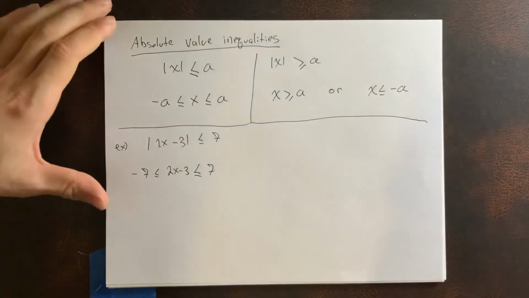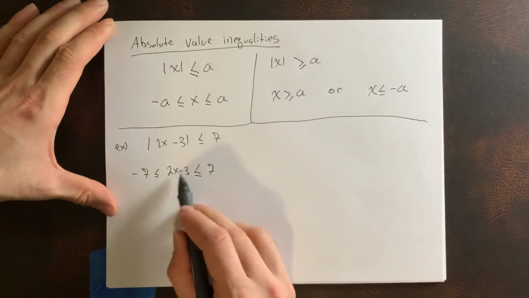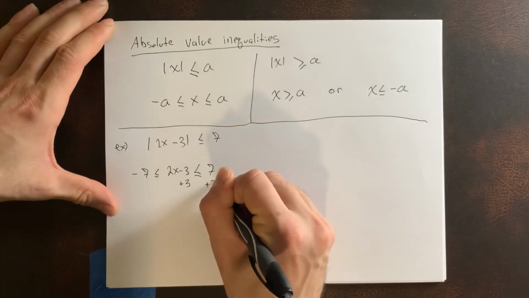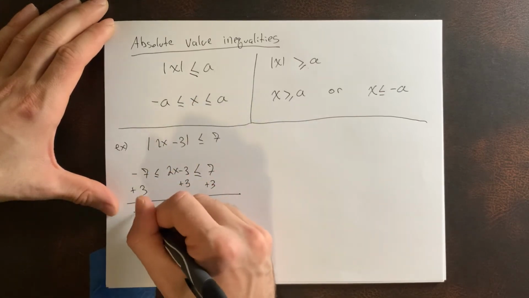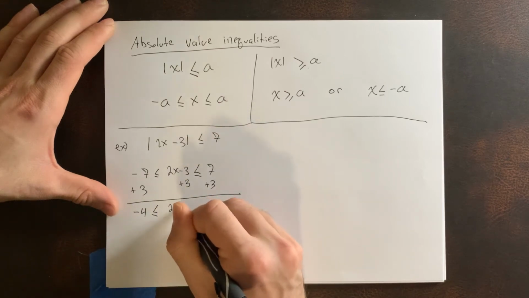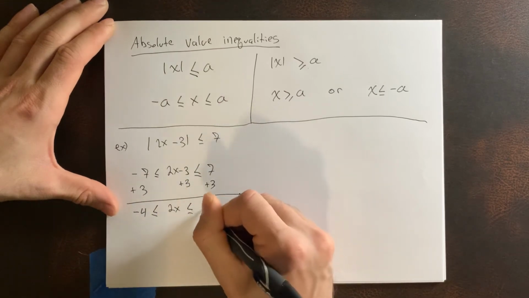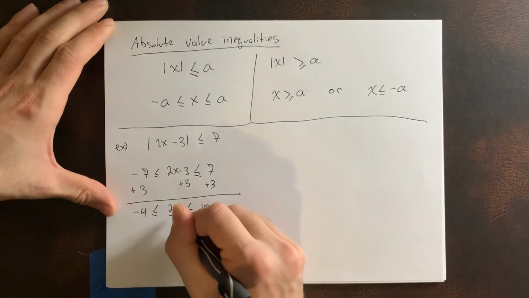So now we need to solve this. So we start by adding 3, just because remember we want to get x alone in the middle here. So we're going to add 3. Here we're going to get minus 4. 3's cancel, we're just going to have a 2x. Adding 3, we get 10. And the last thing to do is divide by the 2.